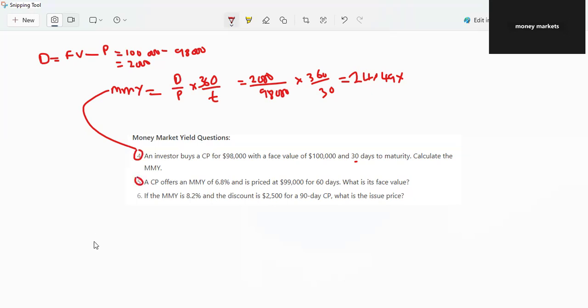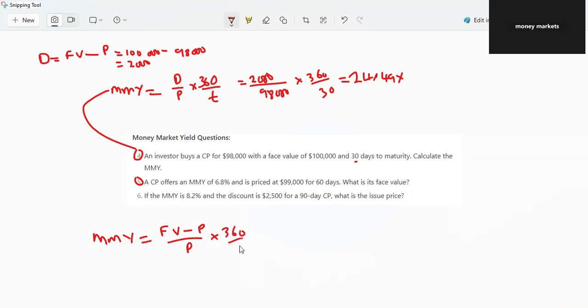So money market yield, in this case, I'm just using subject of formula so that I help you understand how to find the things that are missing. Instead of writing discount here, I will write what? The face value minus the price over the purchase price times 360 over time. Some books we put over N as the periods, the same thing.